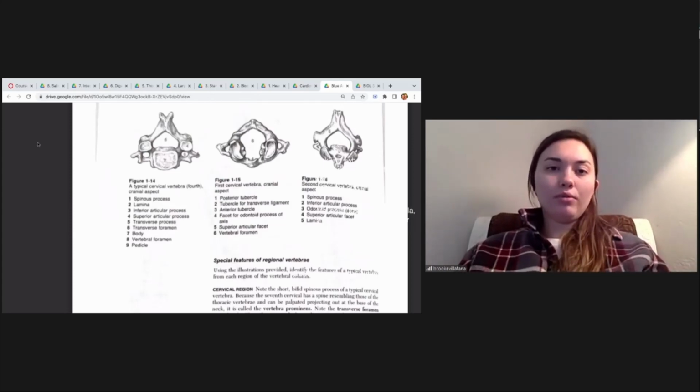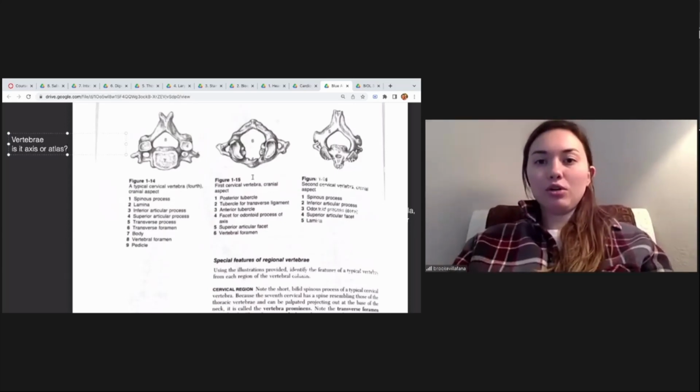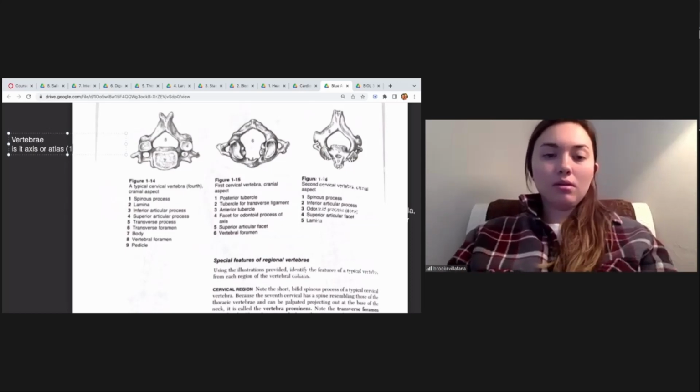Okay, so for the vertebra, you need to tell, is it axis or atlas? For this picture, figure 115 would be your atlas, and figure 116 would be your axis.